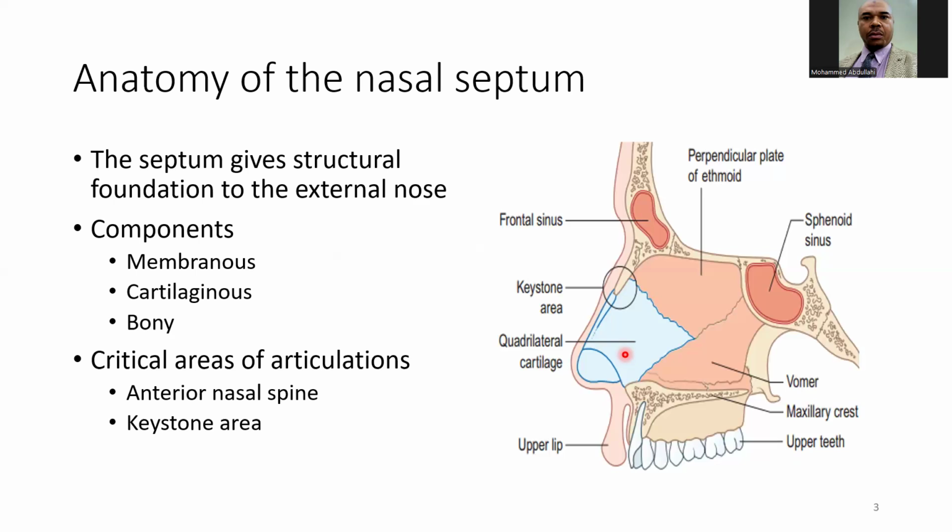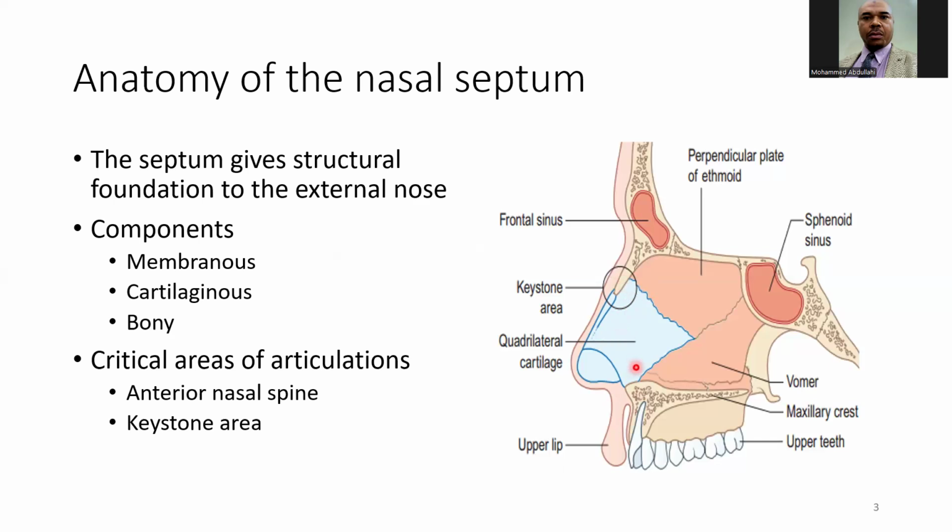There are two surgically critical points of articulation on the nasal septum. At the junction of the anterior nasal spine of the maxilla and the keystone area, which is the junction between the upper lateral cartilage, the septal cartilage, the perpendicular plate of ethmoid, and the nasal bone.